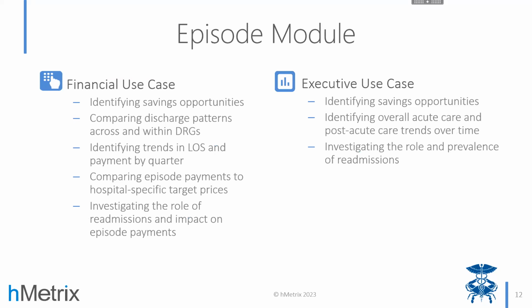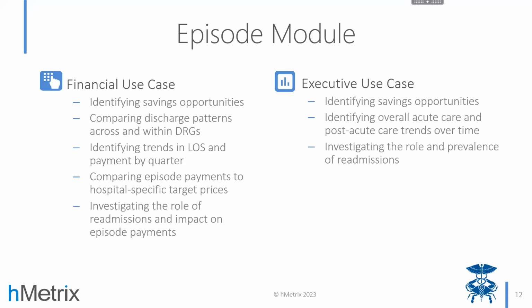The episode module is our second module, and there it's based on 90-day episodes following discharge from your hospital. It doesn't represent all discharges. It's a subset that represents a large fraction, but it's for APR DRGs, which we refer to as DRG families, that are based off of BPCI Advanced.